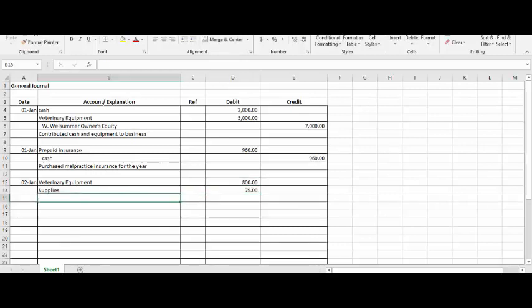And we're going to have a corresponding credit that's going to be equal to both of these. In this case, we're not paying for them right away, so the place that we record the money that we owe is called our accounts payable. That's going to be $875, those two amounts added together. And we can just say purchased equipment and supplies on credit.